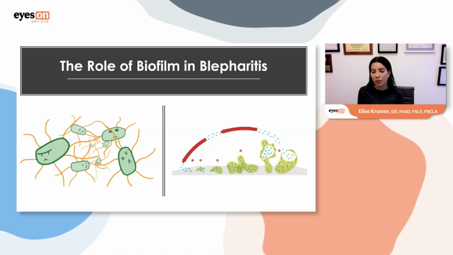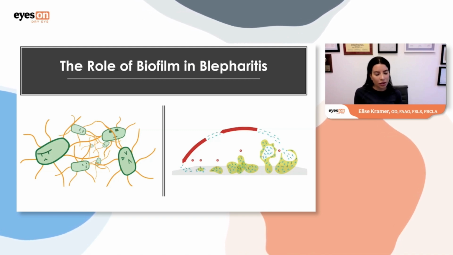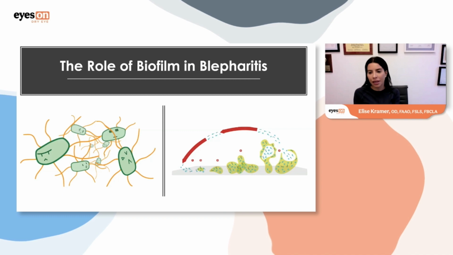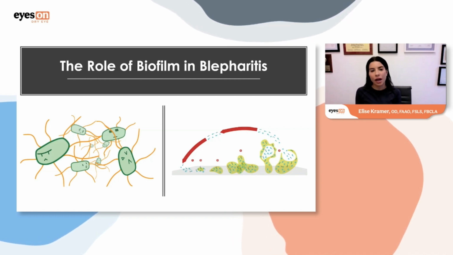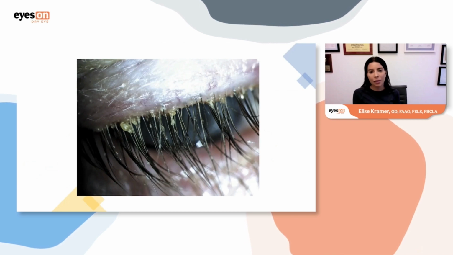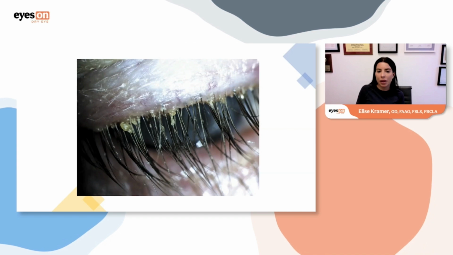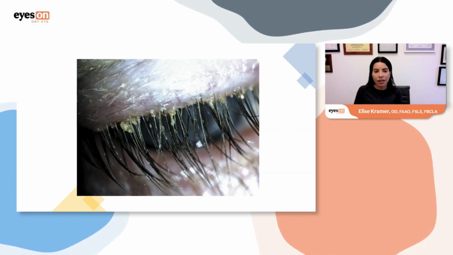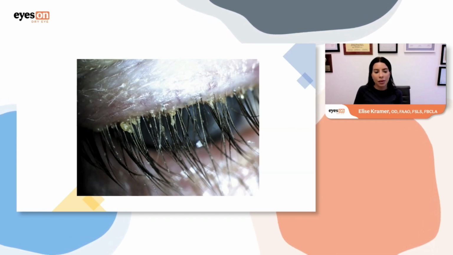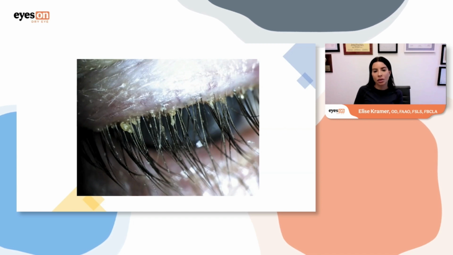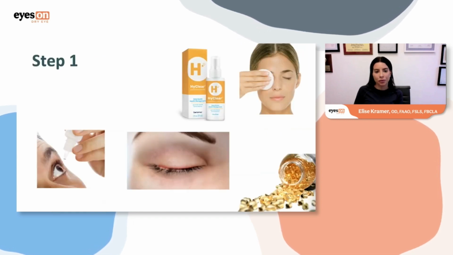So the biofilm should not be ignored and should be addressed appropriately, because it will exacerbate any type of dry eye that you already have. And this is just an example of Demodex, of an anterior blepharitis patient that clearly has a thick biofilm, which again needs to be addressed in the treatment for dryness.